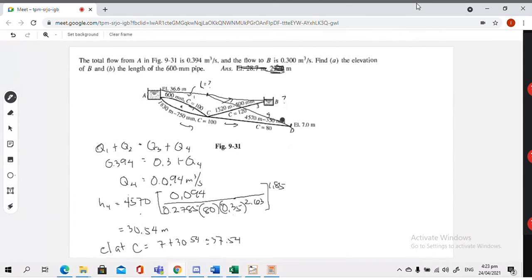Let's try finding the head loss first at B. So the head loss at B is head loss 3. 1,520, we can see the error here. 0.2785, C of 120, D of 0.5 to the 2.63 to the 1.85.